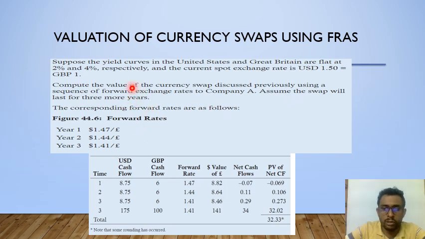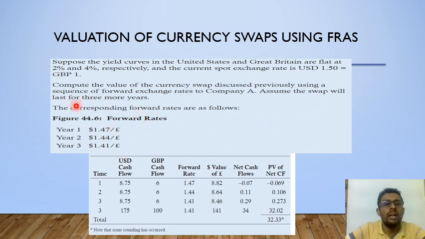So we'll have to find out the forward rate at the beginning. The forward rate is found by using these interest rates which are given and the USD rate at spot. 1.5 for the first year: 1.5 times 1.02 divided by 1.04, which gives 1.47. This 1.47 for year 2 will give 1.47 times 1.02 divided by 1.04.